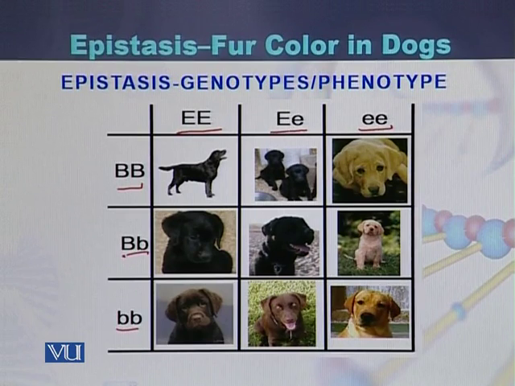We can see here, if this allele is in recessive form, the color of the dogs will be golden or brown. But on the other hand, if this gene is not in recessive form, the fur color of the dogs will be either black or brown.